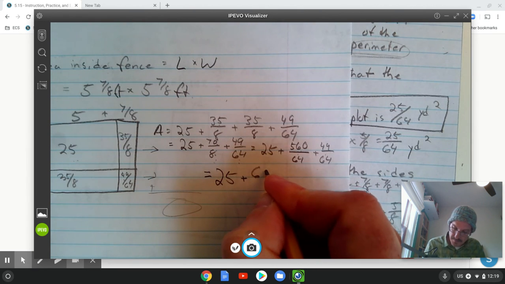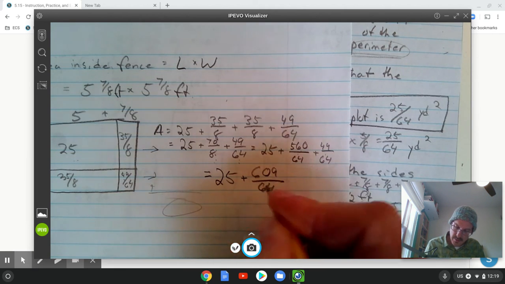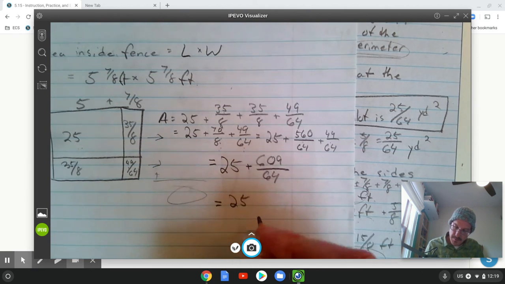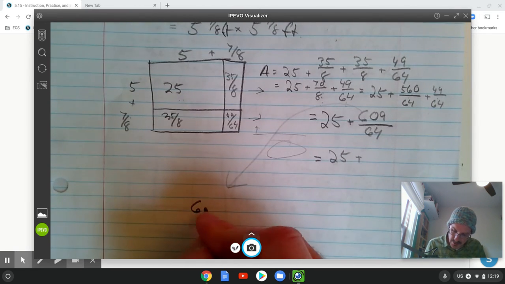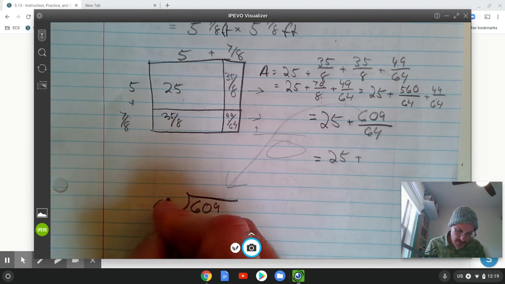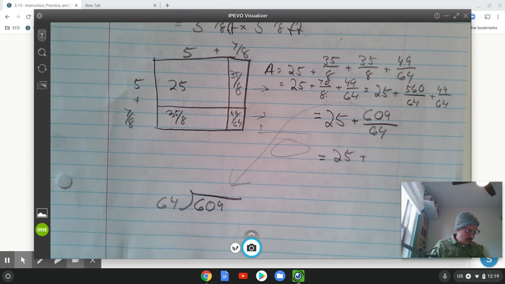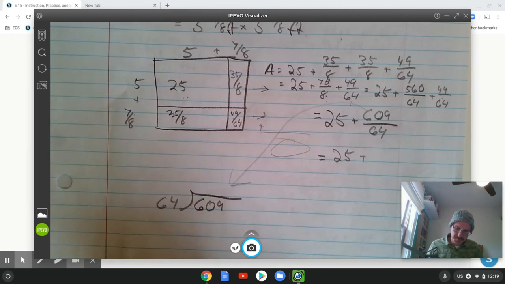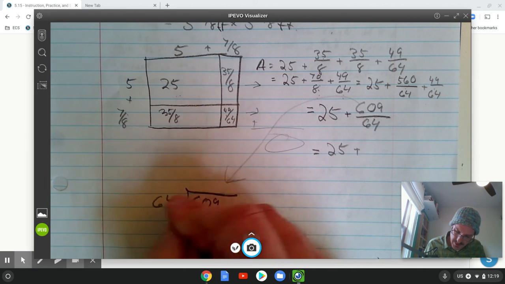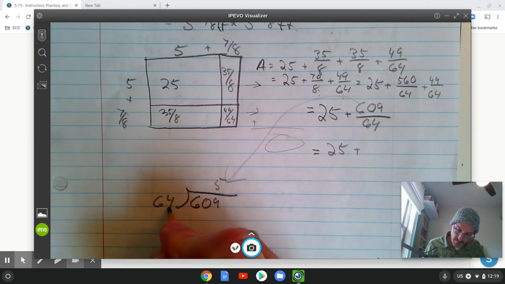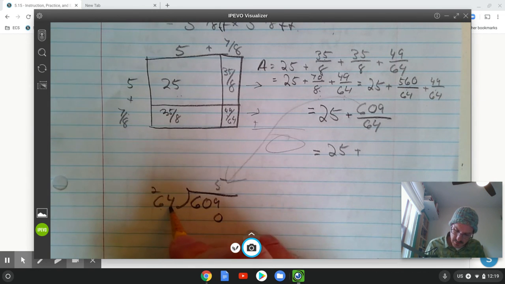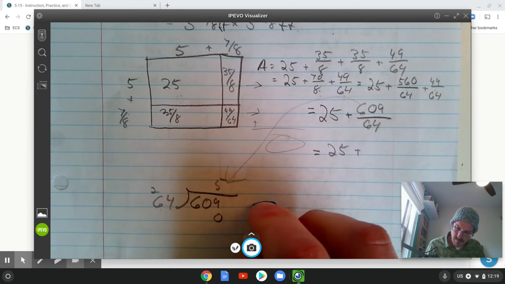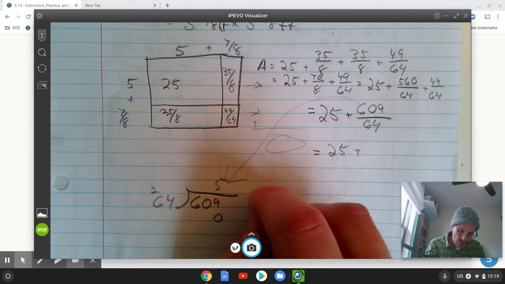So that's 609 64ths. So 25 plus, now I need to do a little division. 609 64ths is, let's see, 5 times 4, no, that's not right. How about 3?